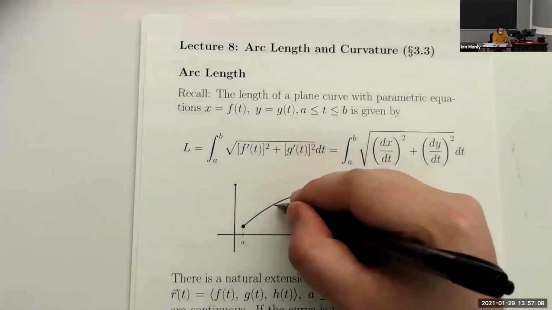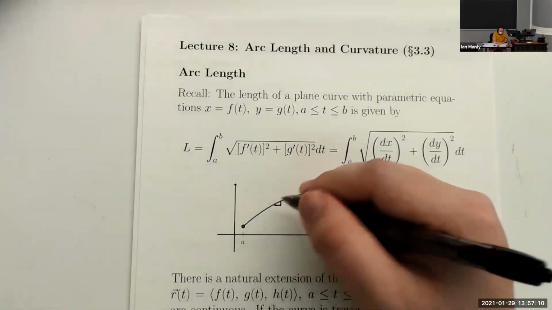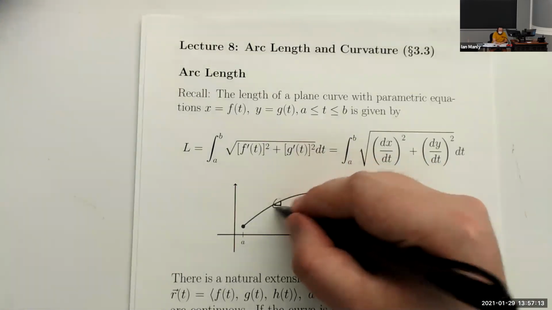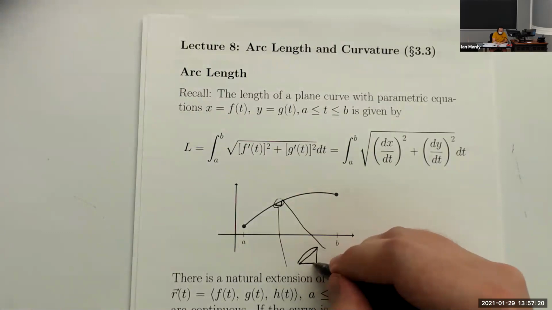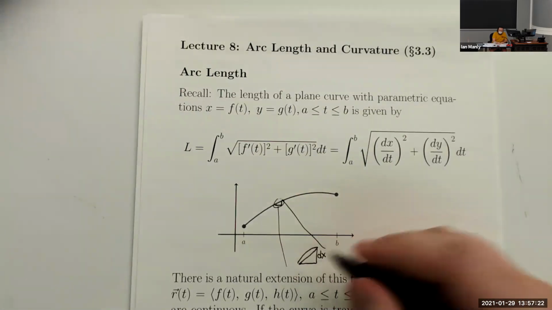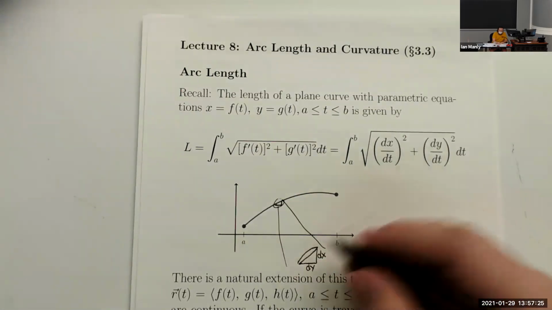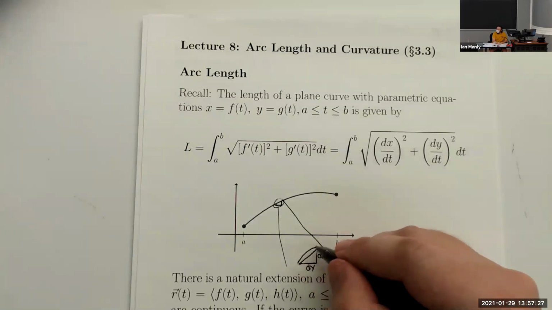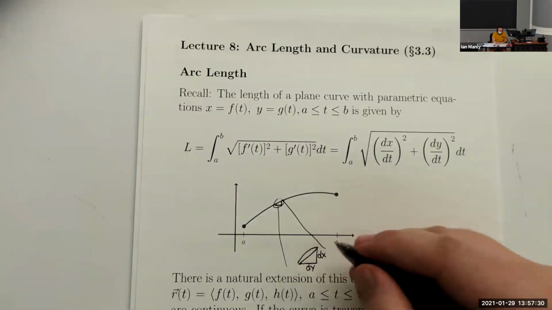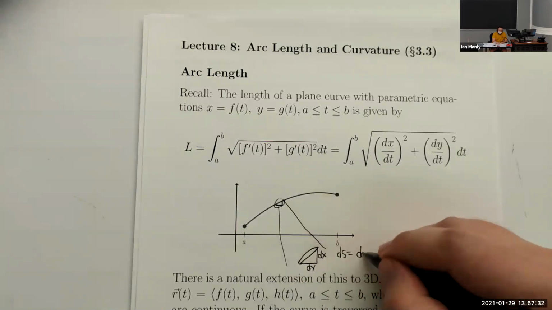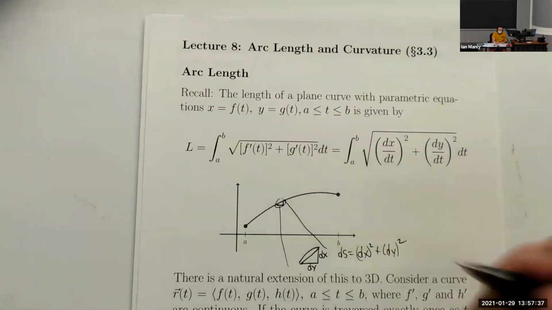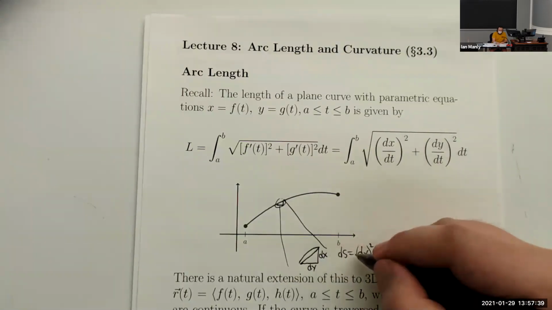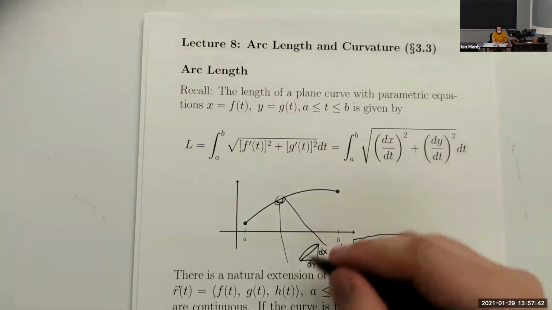Well, what we could do is we could technically break up this curve, for example, into tiny little triangles. And if we blow up these triangles like this, and this height is a tiny change in x, and this height is a tiny change in y, then we can approximate the length of this curve right here with something called ds, where ds is the square root of dx squared plus dy squared, because of the Pythagorean theorem.